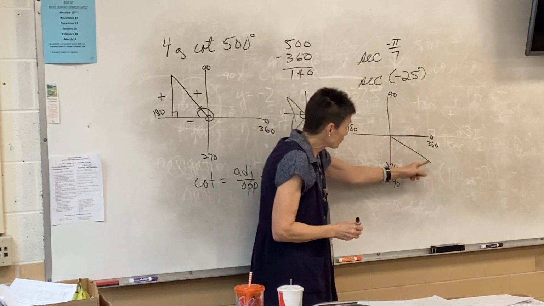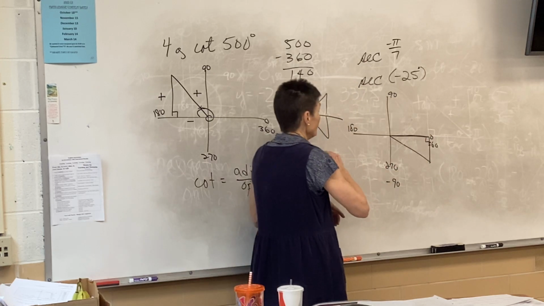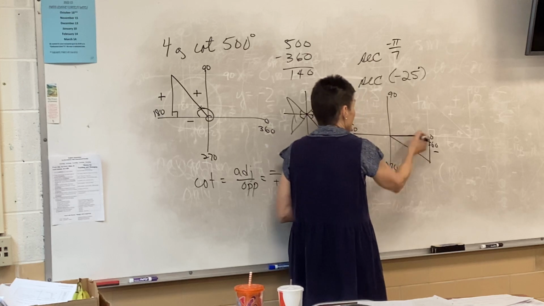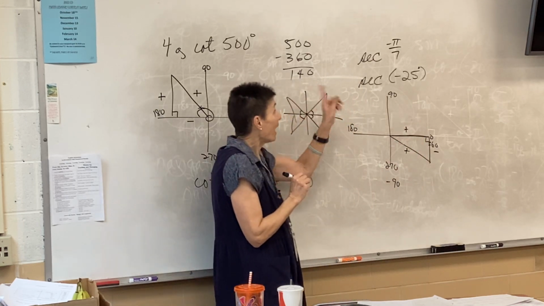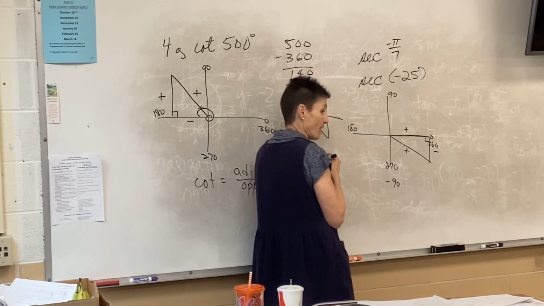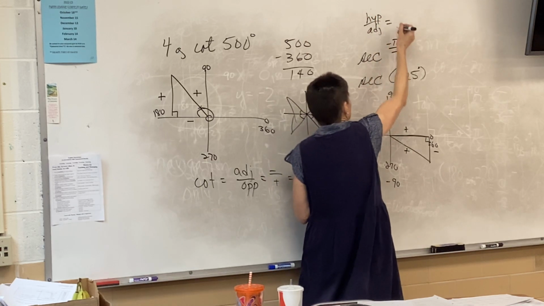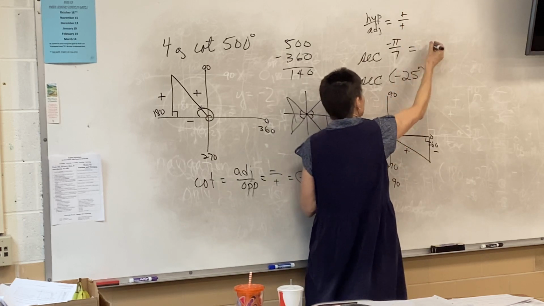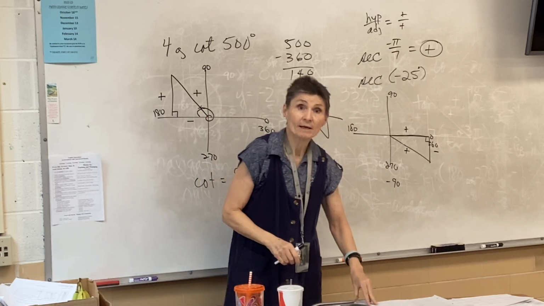So I'm in here somewhere. There's my triangle. Opposite is negative, adjacent is positive, and of course the hypotenuse is positive. I want secant. Secant is the reciprocal of cosine, so it's hypotenuse over adjacent, which is positive over positive. So the secant will be positive.